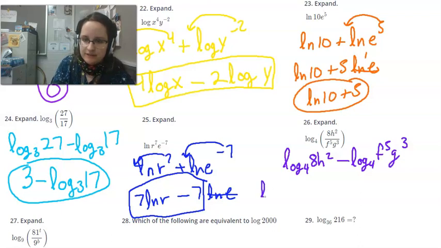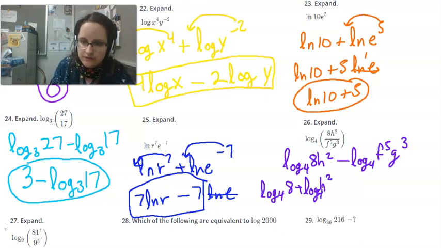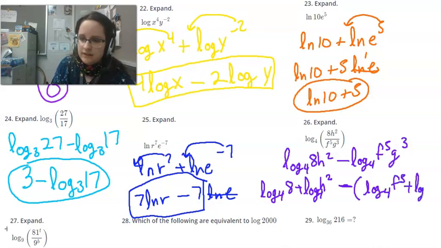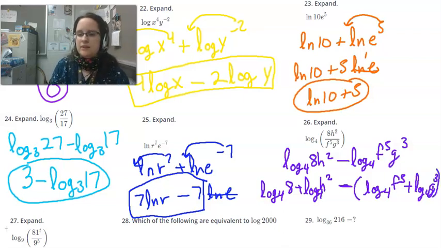So we have log base 4 of 8 plus log base 4 of h squared, and then minus parentheses log base 4 of f to the 5th plus log base 4 of g to the 3rd. The reason why I put parentheses right here is because both of these are going to be subtracted.